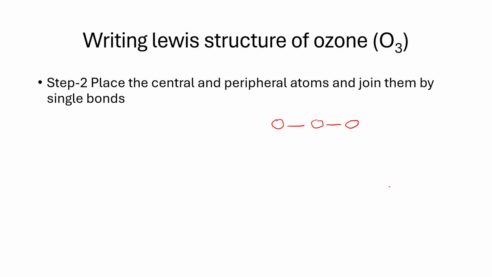So we know that a single bond accounts for 2 electrons. So we had to account for 18 electrons, right? And each of these single bonds accounts for 2 electrons. So that means out of the 18, now we need to only account for 14 more electrons in the subsequent steps.